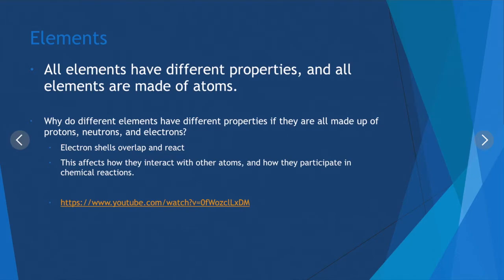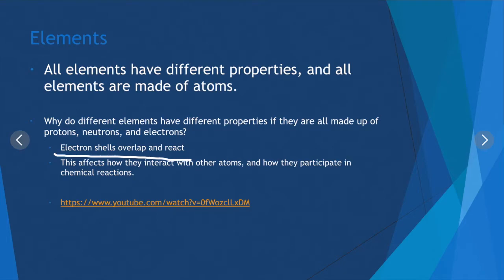All elements have different properties, and all elements are made of atoms, okay? And all atoms are made up of subatomic particles, protons, neutrons, and electrons. So the question is, why do different elements have different properties if they're all made up of protons, neutrons, and electrons? Well, that has to do with the electrons and how they interact with each other and how their shells overlap and react with each other.